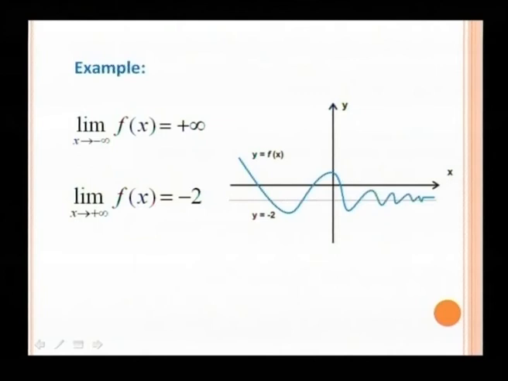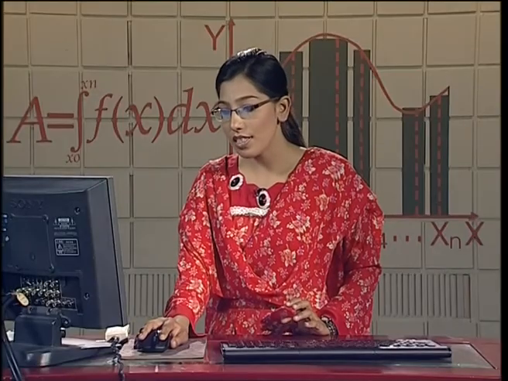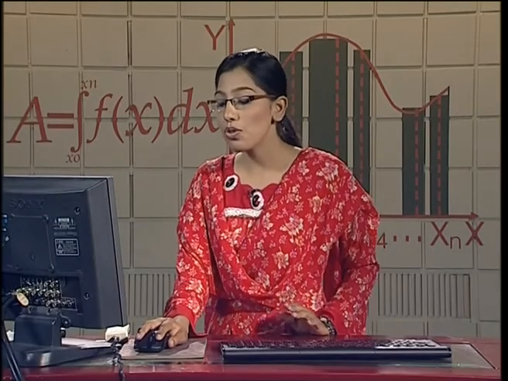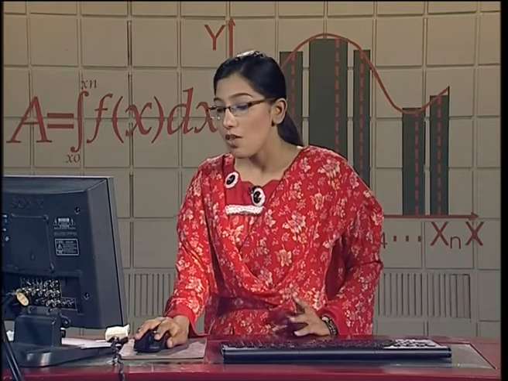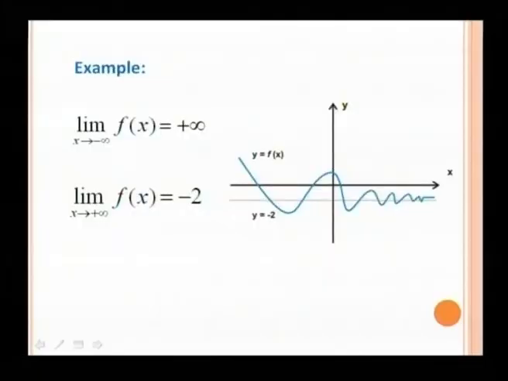And for the second case, if we have limit x tends to plus infinity f of x, our function will approach minus 2, which is clear from the graph on the left hand side.